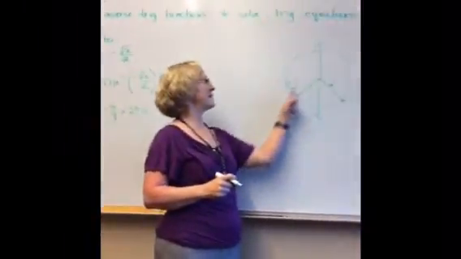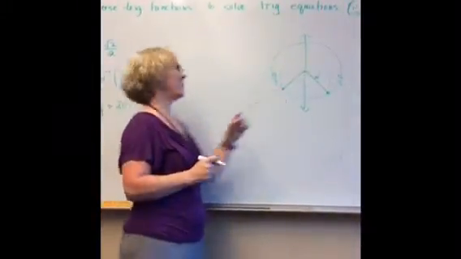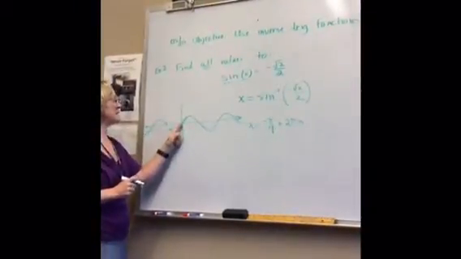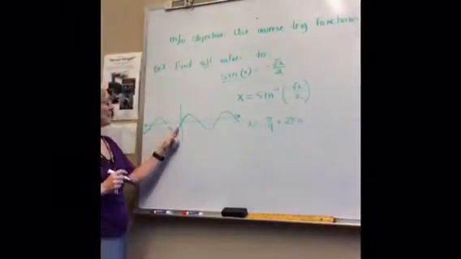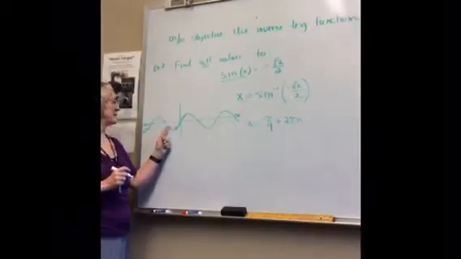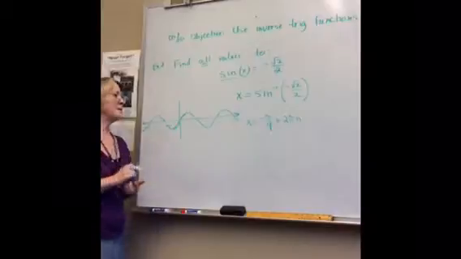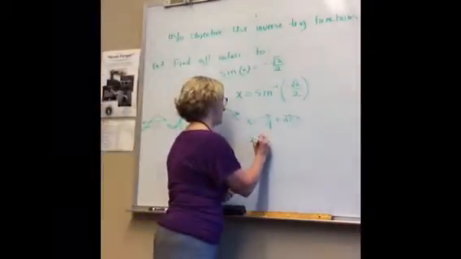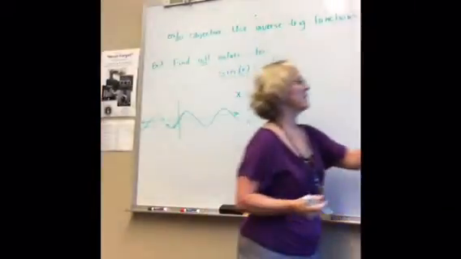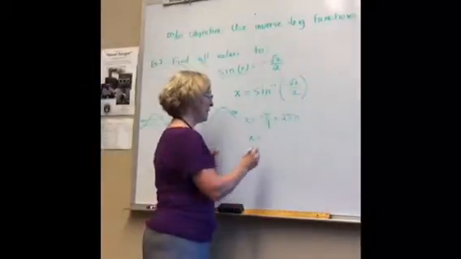Now we also have to consider this one. This was in quadrant 4 right here. This is quadrant 3. So what would that one be? Sorry, 5 pi over 4.